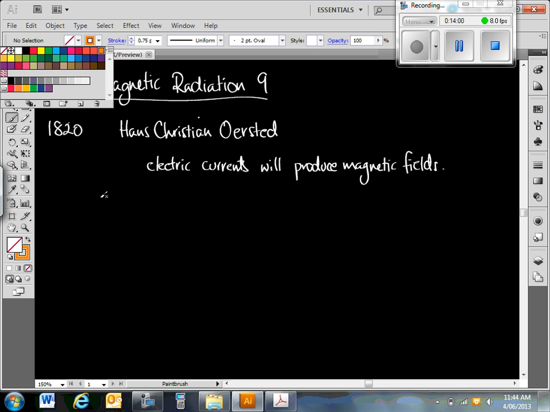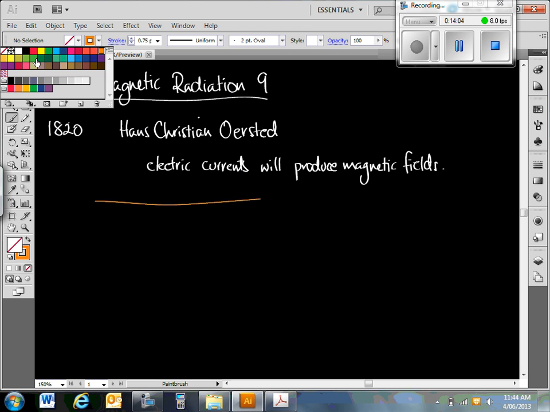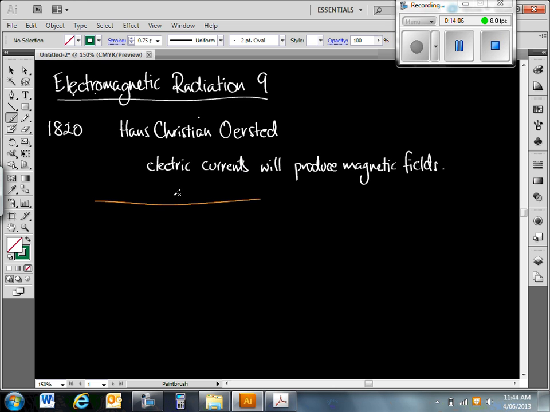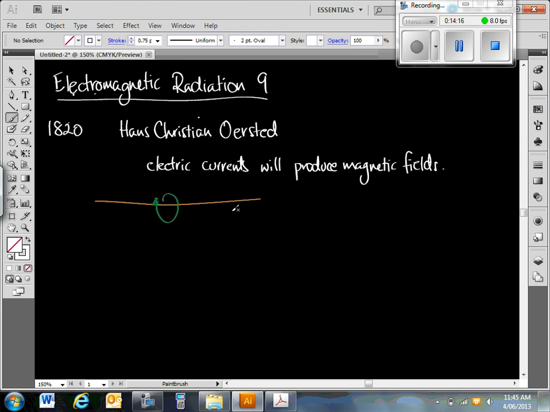If I have a wire and I pass a current through it, there will be a magnetic field associated with that current. If there's no current, no magnetic field. Okay? And so this guy, Hans, he first described it.